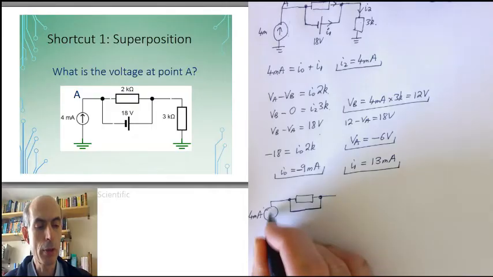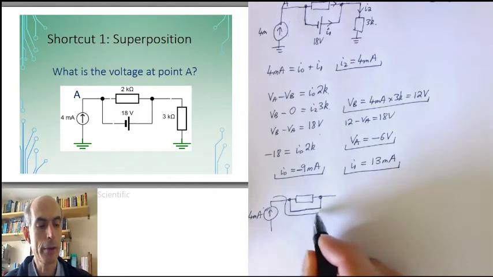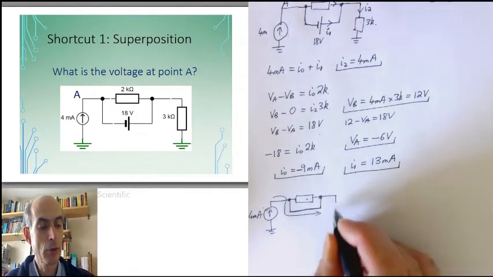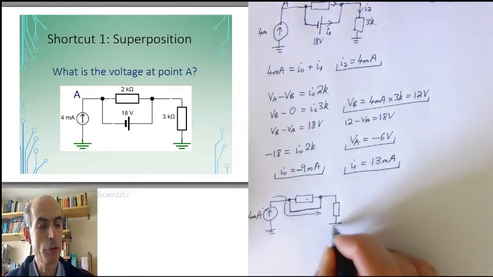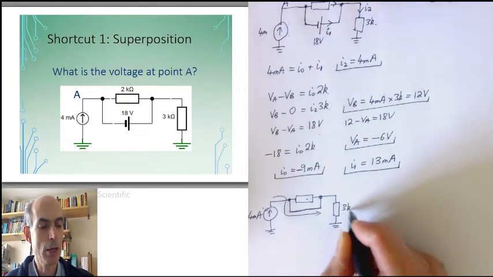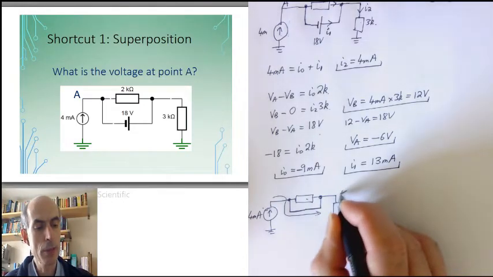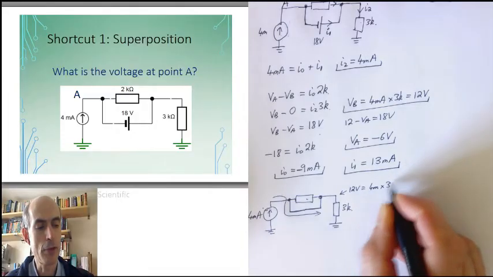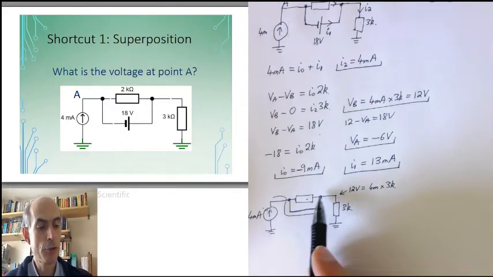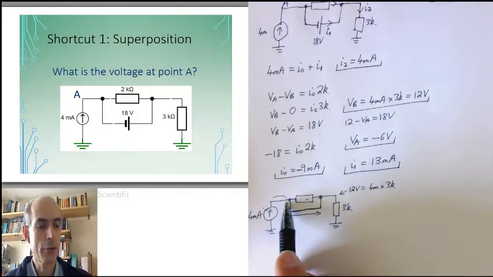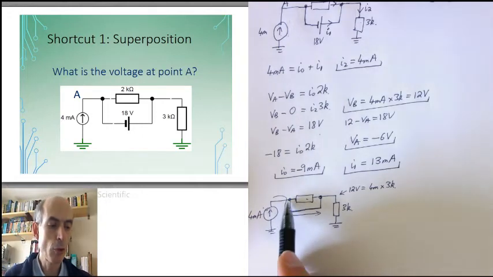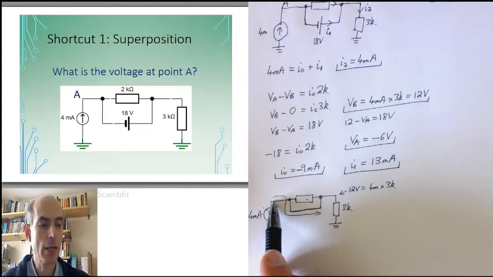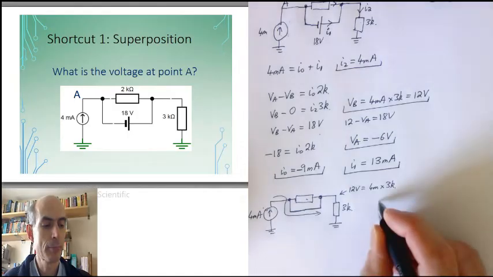So all of this 4 milliamps is going to flow through the wire. None of it is going to flow through this resistor. We then have 4 milliamps flowing through a 3K resistor here, which would mean that the voltage there would be 12 volts, because that's 4 milliamps times 3K. Since this node here and this node here are currently connected by a wire, there will be no voltage difference between them, so the first contribution to my voltage at A is 12 volts.